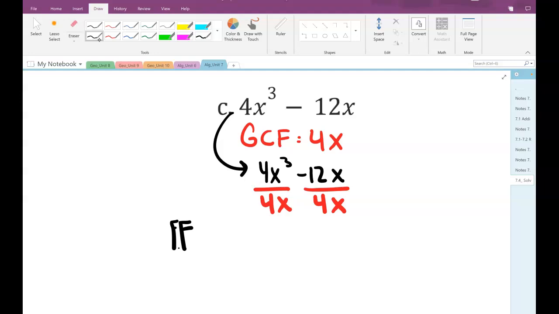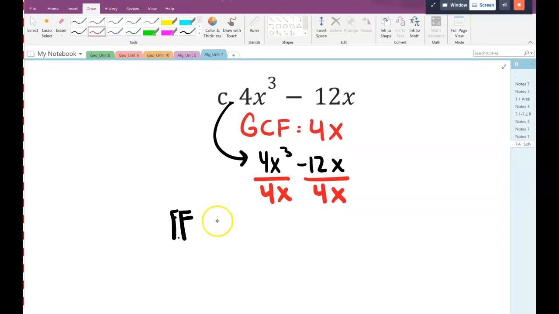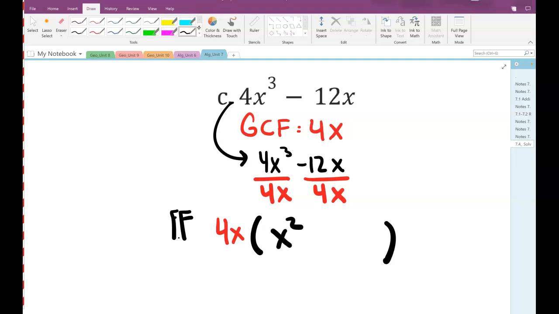Put your GCF in the front, and then you draw your parentheses. You have to fill in your two terms. So 4x cubed divided by 4x would be x squared. And then negative 12x divided by 4x would be negative 3. So there's your answer in factored form.